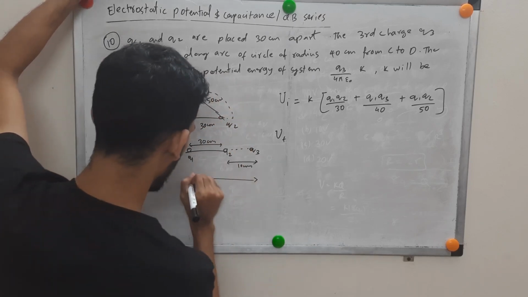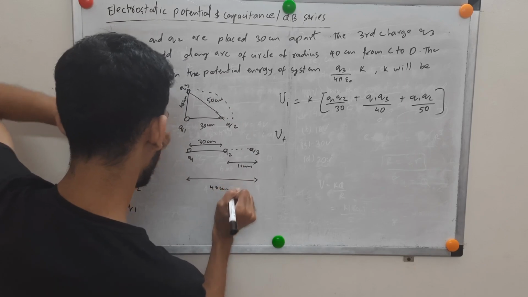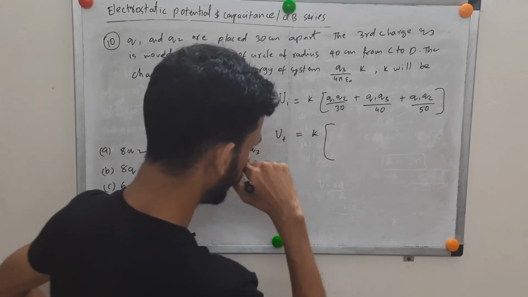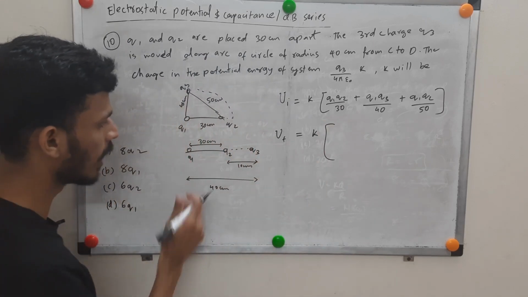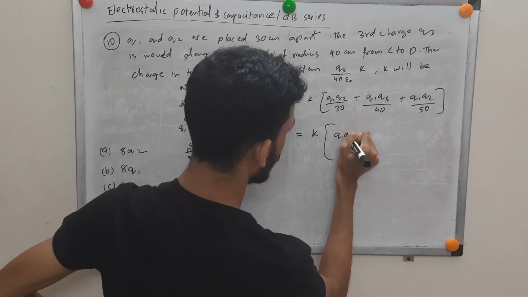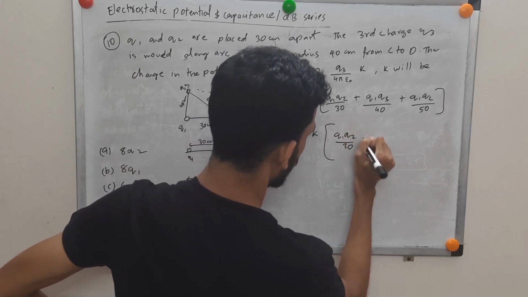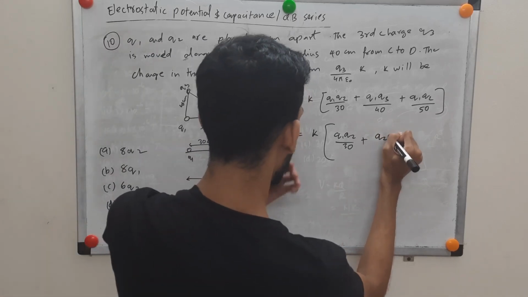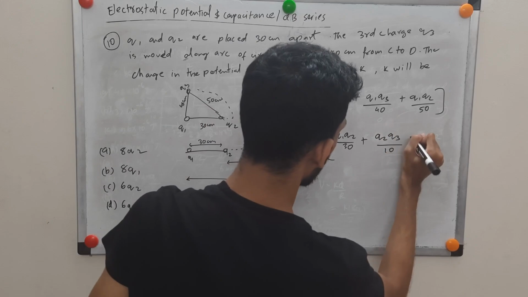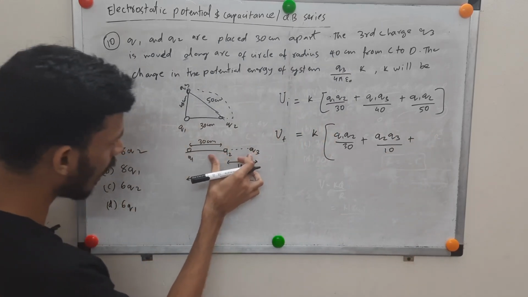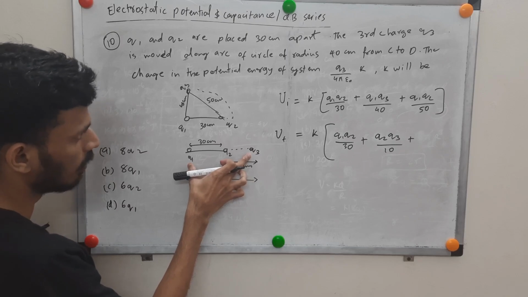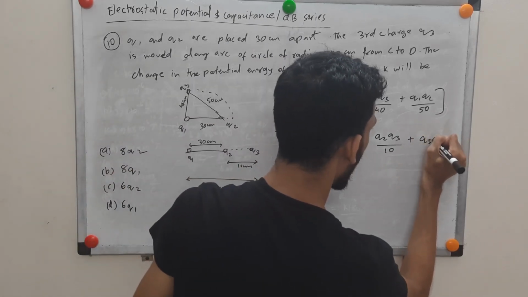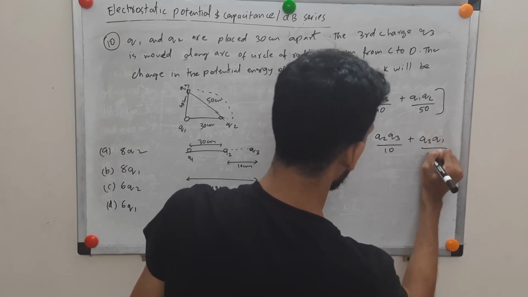Now what is the final potential energy? Between q1 and q2 nothing has changed. Then we have q2 and q3 separated by a distance of 10 centimeters, and finally q3 and q1, which also has not changed, which is 40.